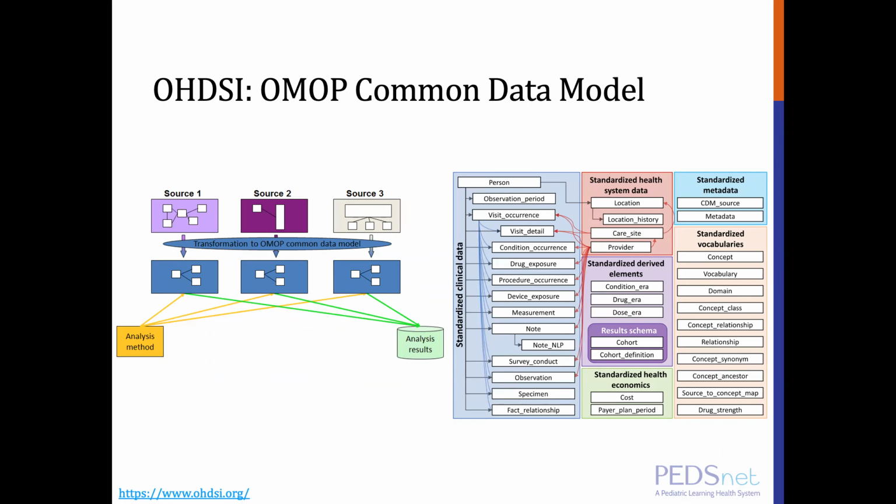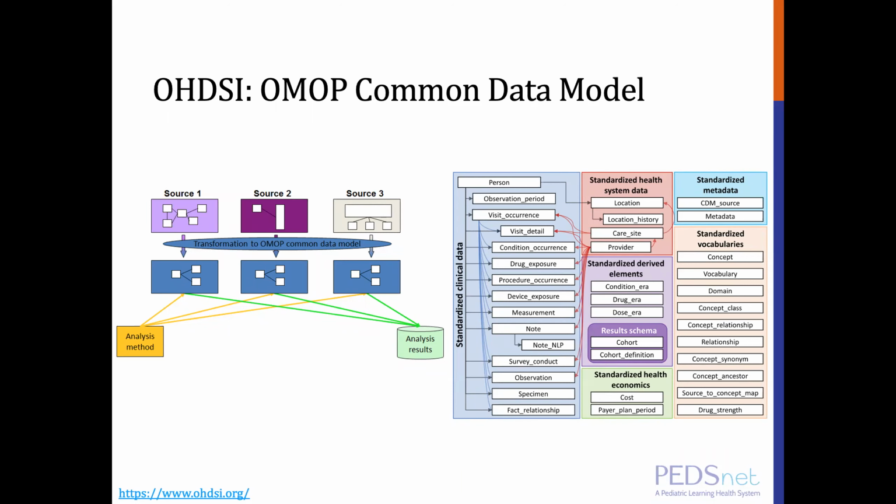These are some images from the Odyssey website that show that you could have different source EHR systems that are transformed to the common data model, then arranging the data into similar patterns. And then your analysis method could be used across all the transformed data at once and generate results that you could use, and not have to worry about making adjustments for the vocabularies or other definitions or conventions after you have the data.